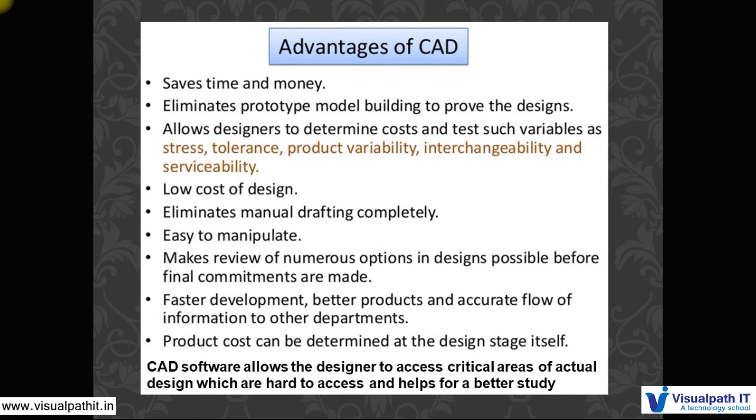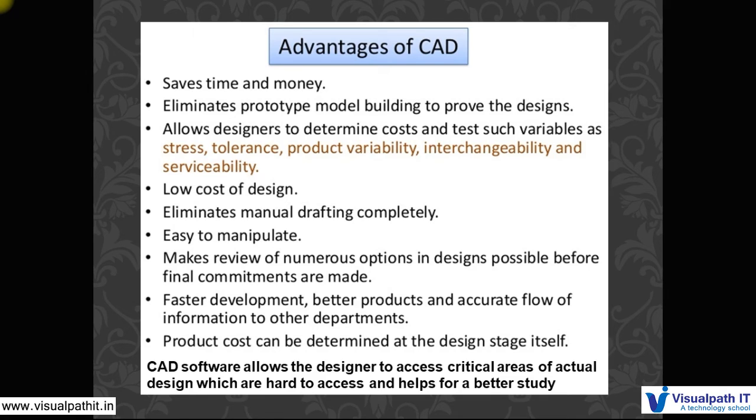You don't need to recreate all the views manually as with manual drafting. You can just have multiple options by doing small updates to your design, so that you can provide better options and more options to all the stakeholders before the final commitments are done.